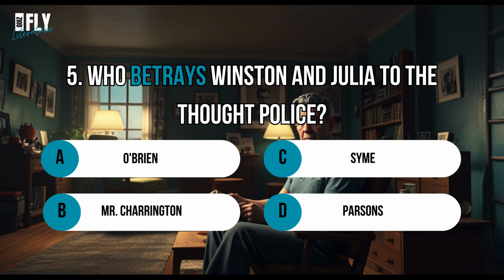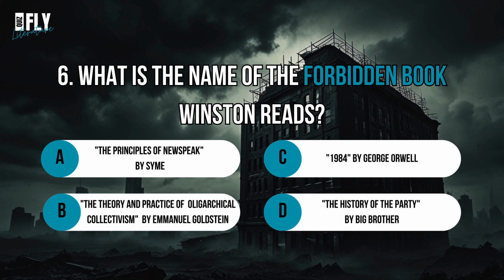Who betrays Winston and Julia to the thought police? Mr. Charrington. What is the name of the forbidden book Winston reads?